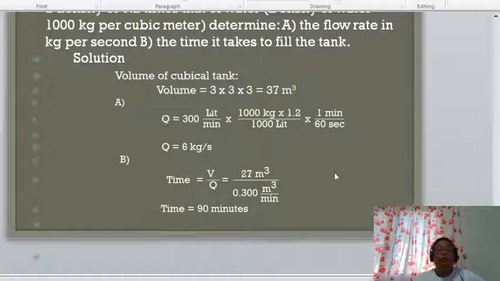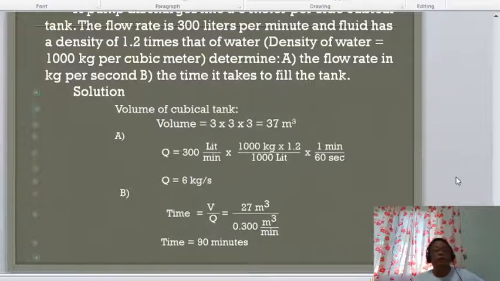I think the examples are now sufficient for you to know how to calculate the fundamental principles in thermodynamics, such as temperature, the first and second law of Newton, the weight, the relation of the mass, the discharge, and so on and so forth.